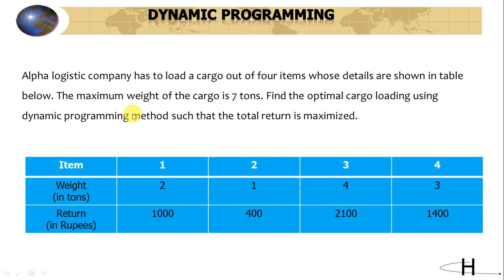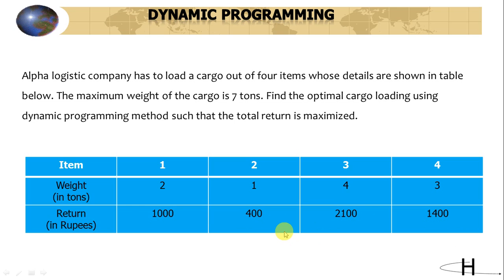Here in the table 4 items are given. Their weights are 2, 1, 4 and 3 tons, and if they carry out, the returns are 1000 rupees, 4400 rupees, 2100 rupees and 1400 rupees per item respectively.